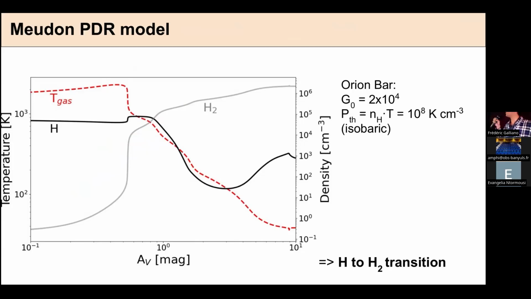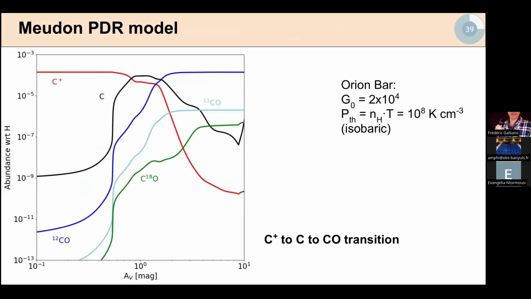And what we see is the transition of atomic hydrogen to molecular hydrogen, and the gas temperature decreases with this transition. And this is the transition of carbon from ionized carbon to atomic carbon to CO as the visual extinction increases. And this happens around 0.5 to 1 AV.